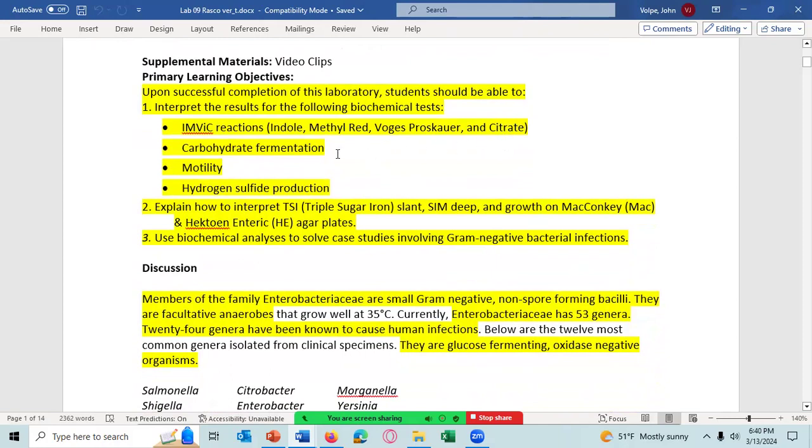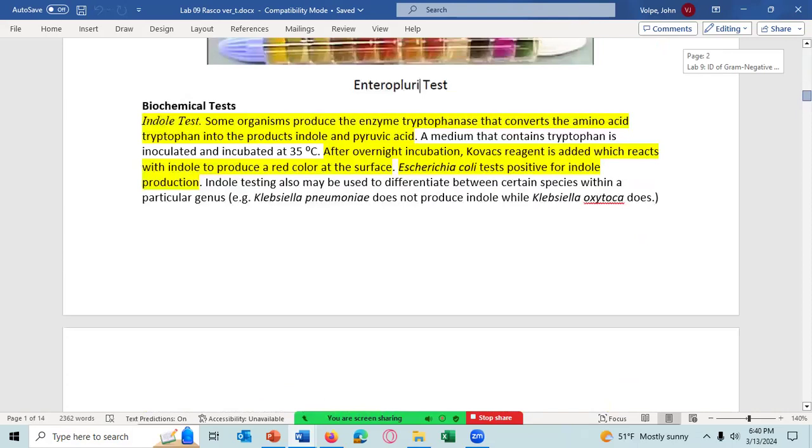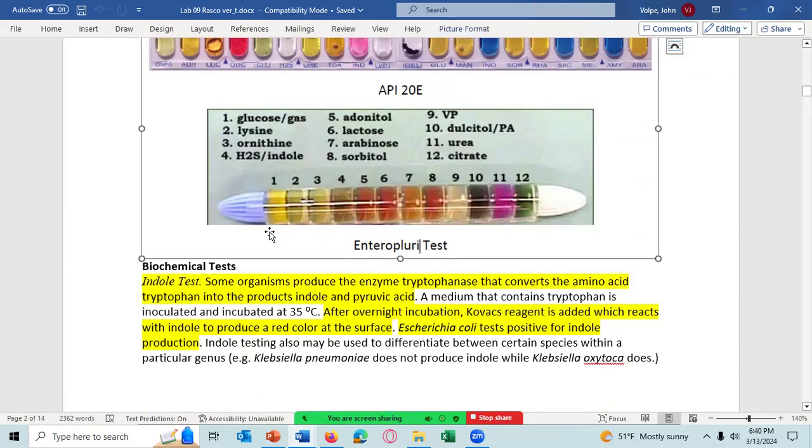You should know how to do carbohydrate fermentation, and that one we've done a couple of times, so this isn't the only lab where we've discussed that. It will be yellow if it is positive, and it could be yellow with a gas bubble if it's acid gas.